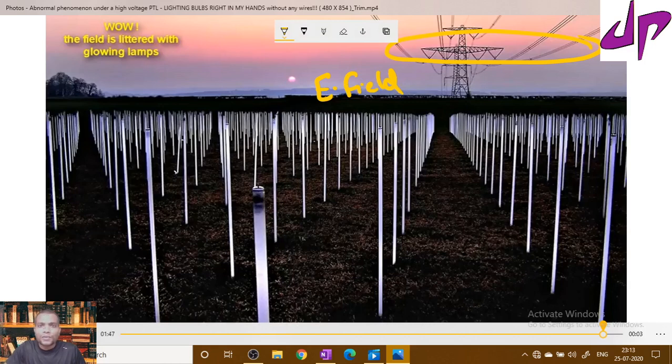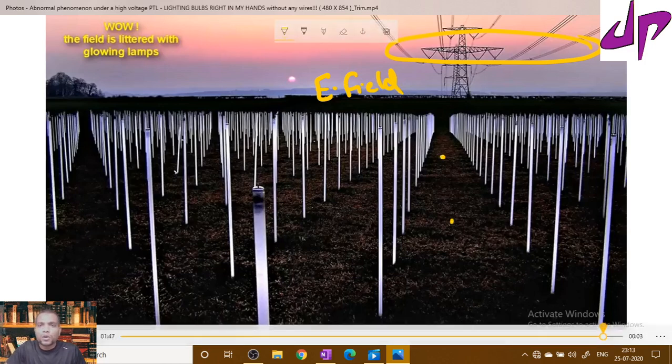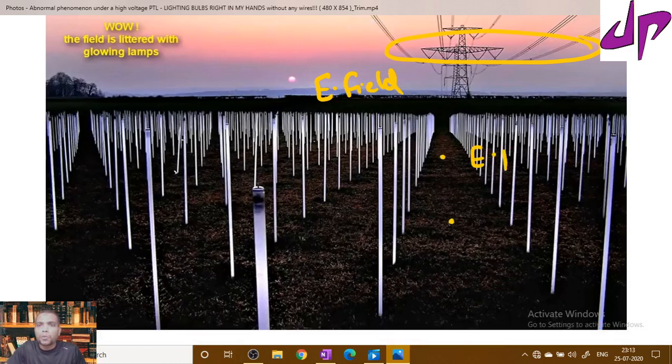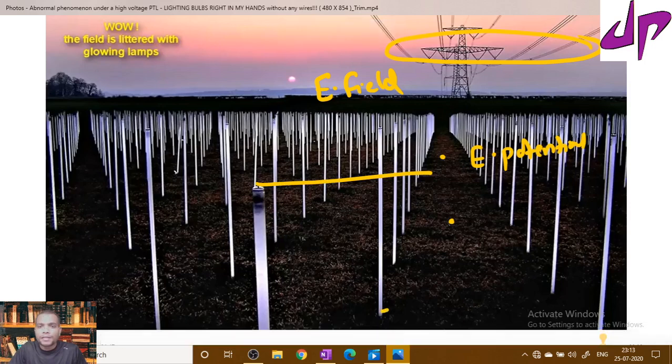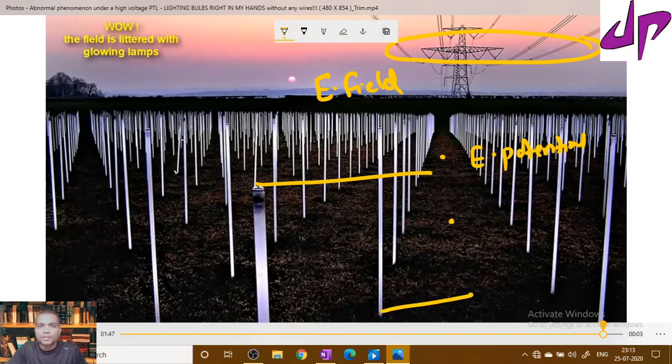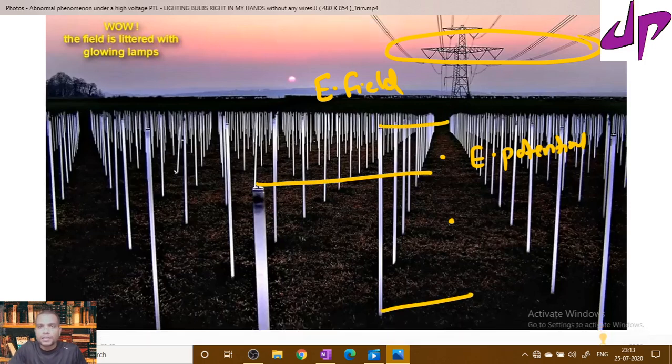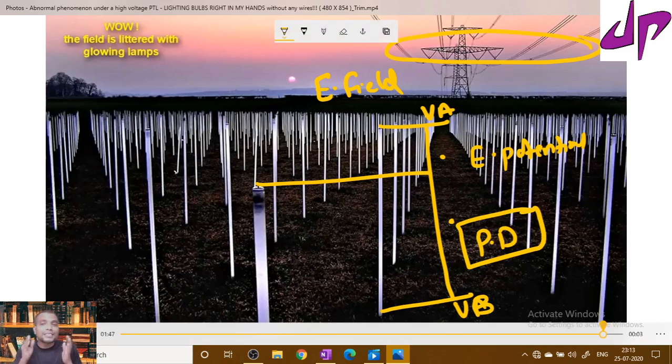This electric field has an electric potential at each location, and these bulbs have different potential differences across them. That potential difference is necessary for the bulb to work.